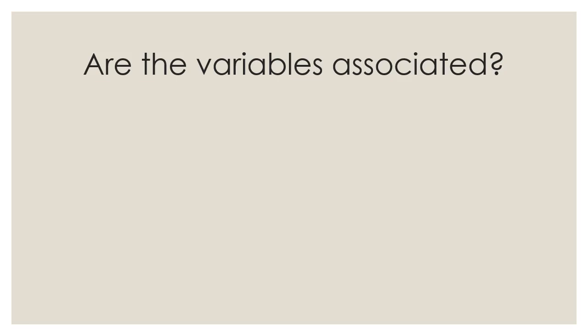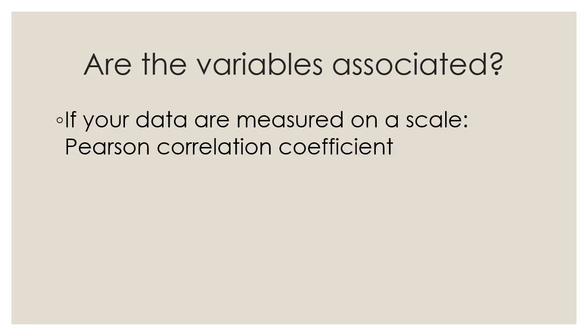Are the variables associated? If your data are measured on a scale, so if you have continuous data, both, let's say you're trying to see if there's association between cholesterol levels and saturated fat intake, then both of those are measured on a scale, so then you can use Pearson correlation coefficient.